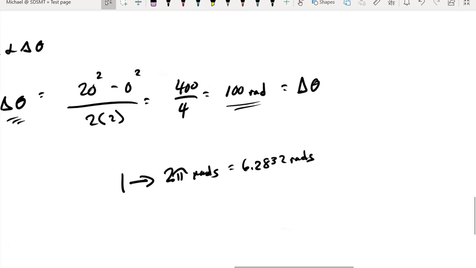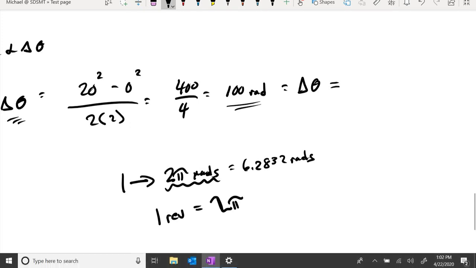And so one of the ways that we can represent our angular displacement is in another unit that we call a revolution. So 1 revolution is equivalent to the angle that you would pass through when you go around in a circle 1 time. And so that angular value for 1 revolution is 2 pi.